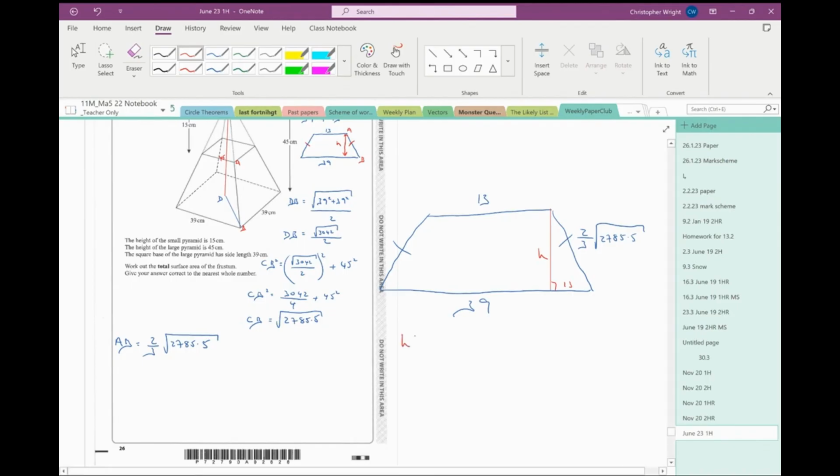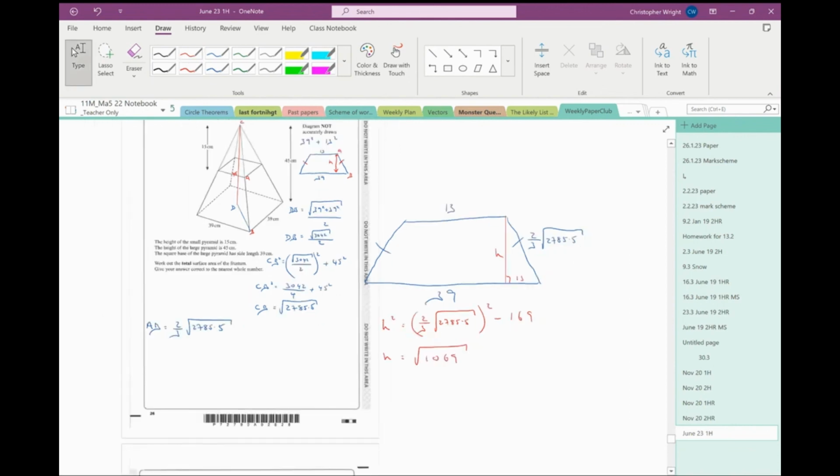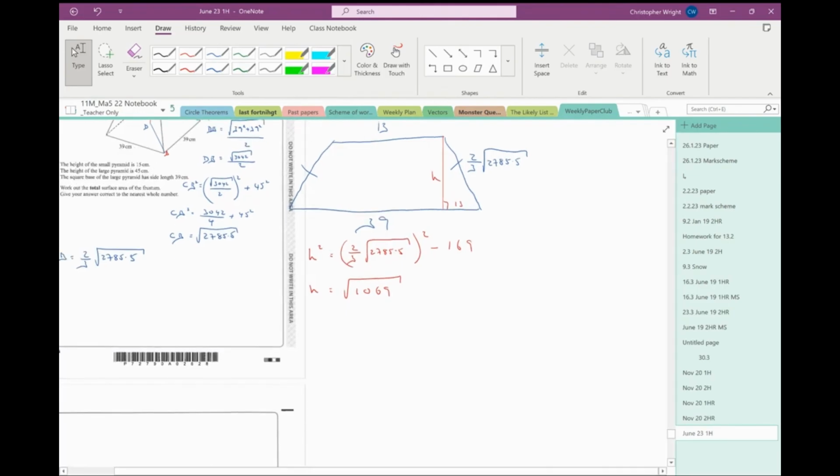So the hypotenuse squared is 2/3 multiplied by that square root squared minus 169, which gives me a height of the square root of 1069. So now I can find the area of the trapezium.